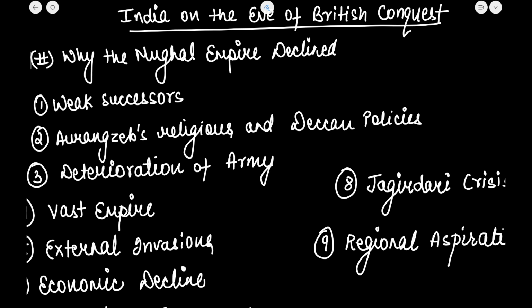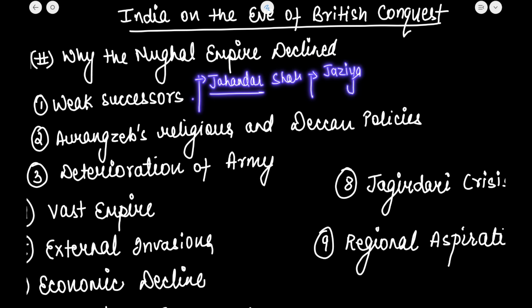Now, if I talk about the weak successors and the important work done by them, first of all I would like to tell you about Jahandar Shah. During the tenure of Jahandar Shah, he abolished the jizya system, and secondly, he introduced a technique of revenue collection, revenue farming, which was known as the Izara system. Okay.